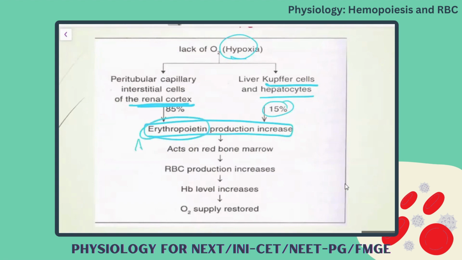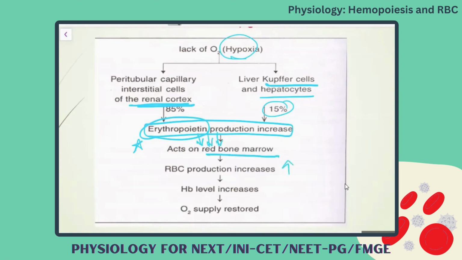This is the important hormone which is required for the erythropoiesis to complete, or else only reticulocyte will be in the circulation. In some cases, the reticulocyte count will be considered as an important laboratory parameter to find the conditions. Okay, and then this erythropoietin will immediately act on the red bone marrow.